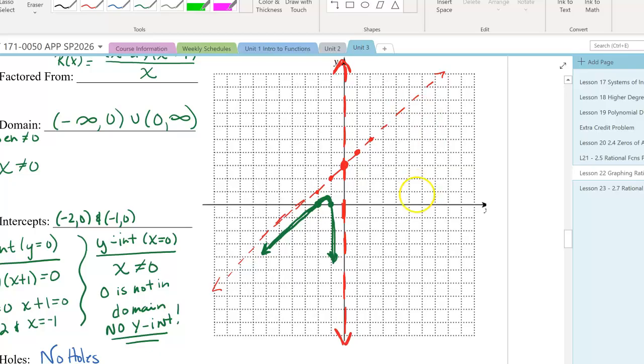But I'm not sure what's going on over here. So let me pick a few values. Maybe +1. Let's see, what did I use?